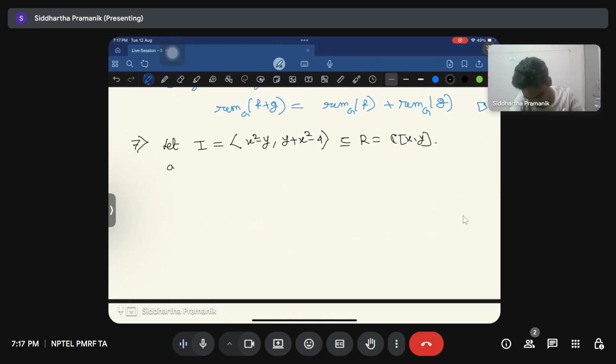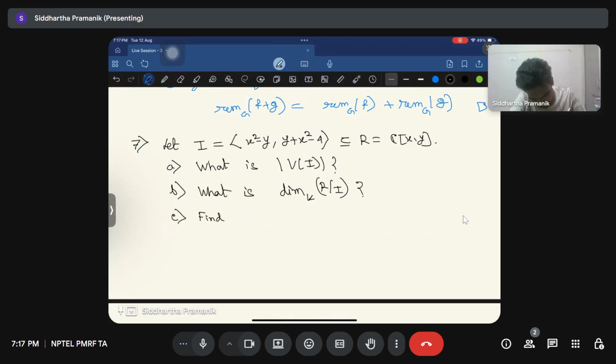Then the first problem is, what is the cardinality of the variety of I? Second one is, what is the dimension of R mod I as a K vector space? Third is, find a K vector space basis for R mod I.